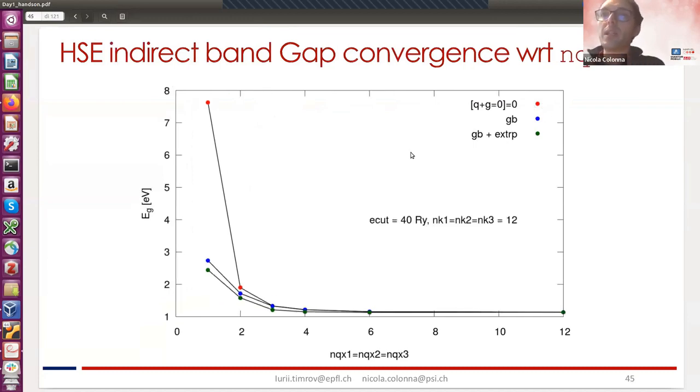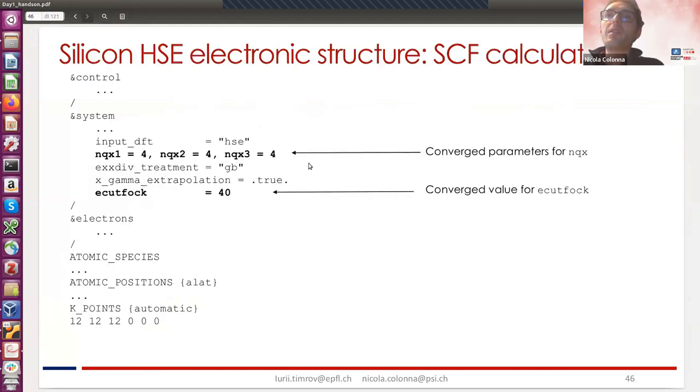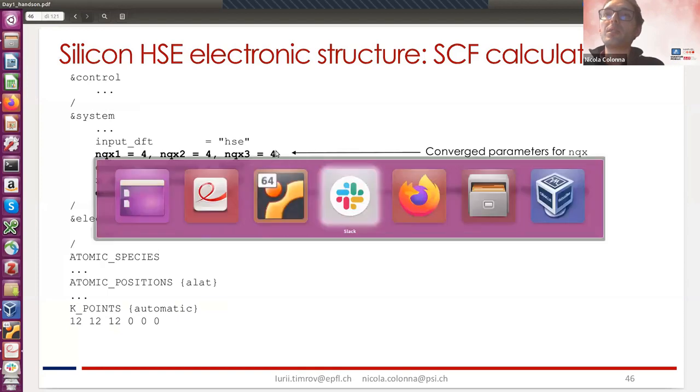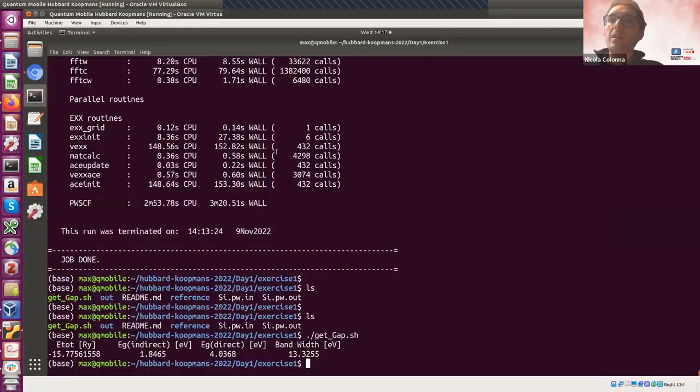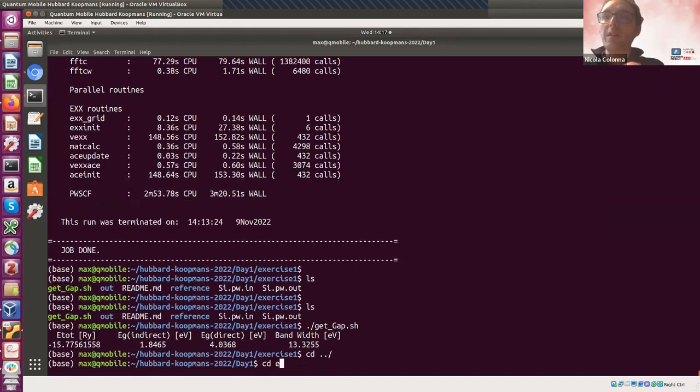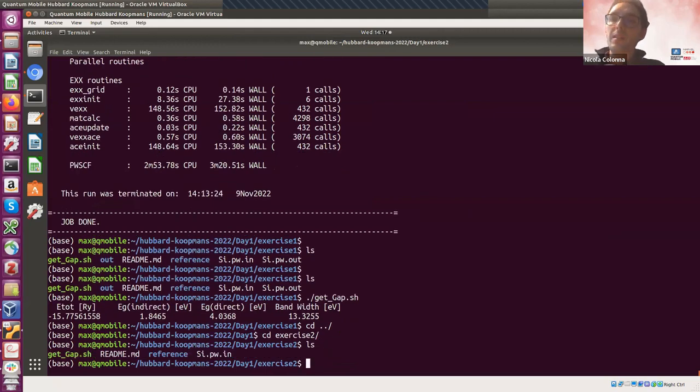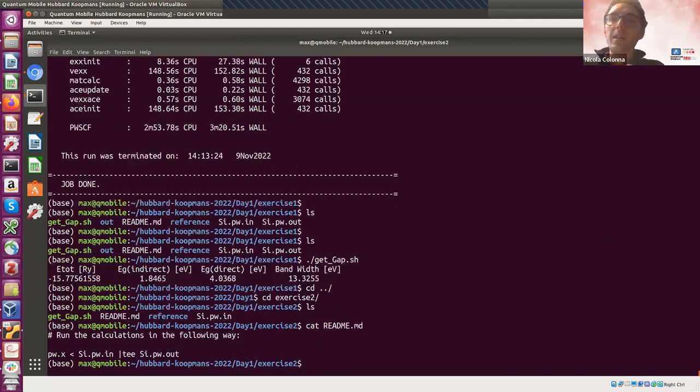And the same is true for the indirect band gap. So in this case, again, we can set up the same parameter. There is nothing very new in here, but this is exercise 2. This is again as before.